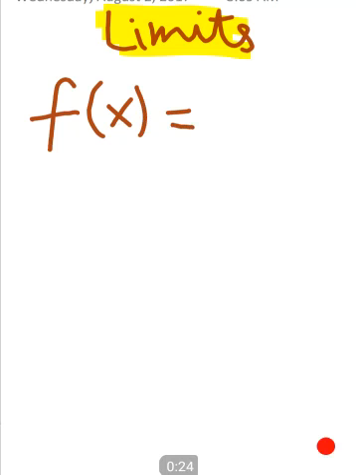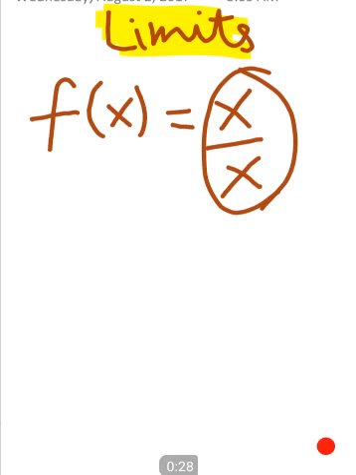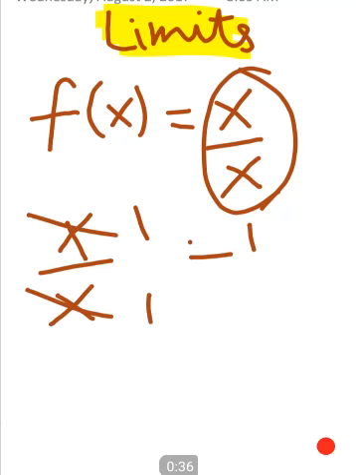Limits are the basis of differential calculus, so it's very important to learn them first before we go on with differentiation. So I define a function f of x is equal to x by x. This might seem a silly function, as you might say that x by x we cancel them and we get just 1.